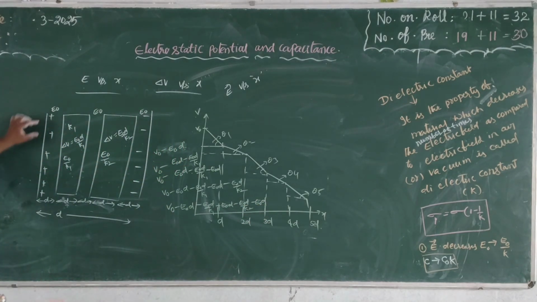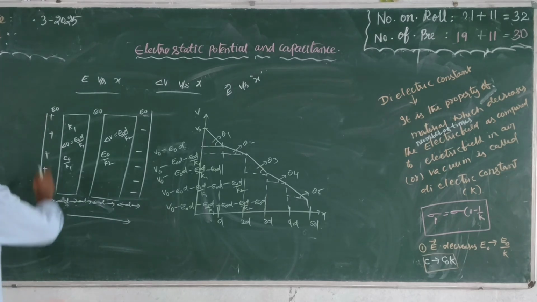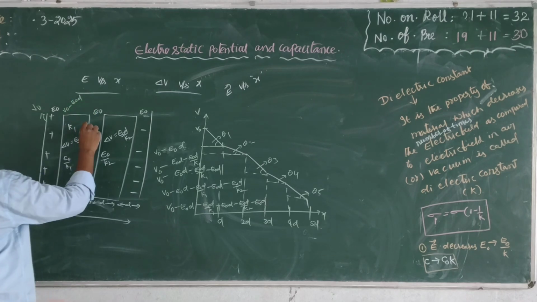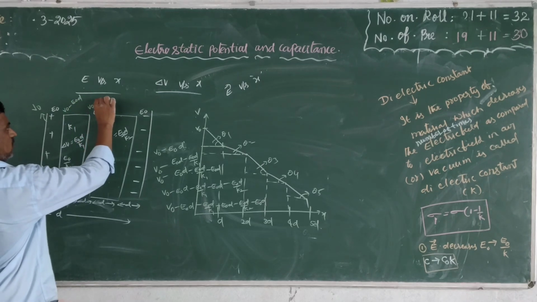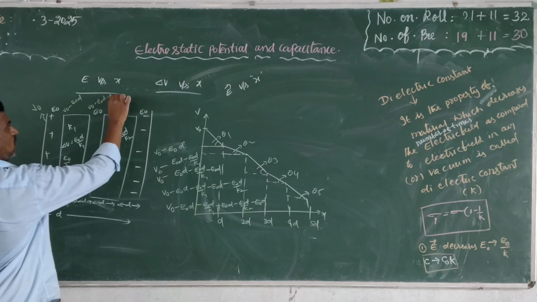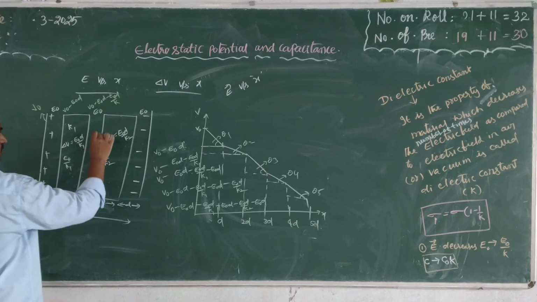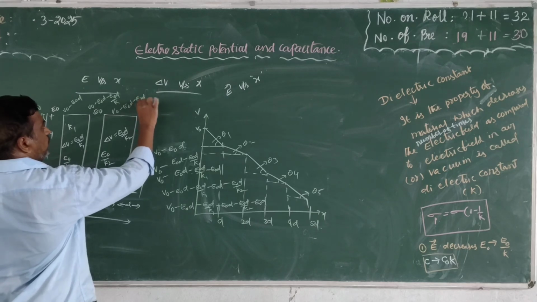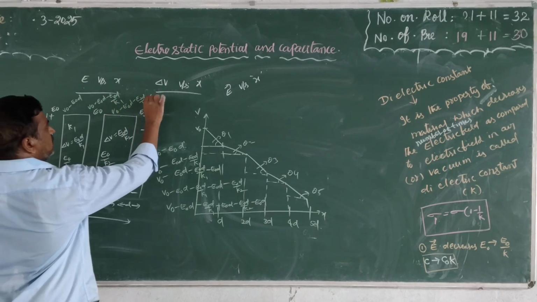See here, the maximum potential is V naught. Then here it is V naught minus E naught d. Here it is V naught minus E naught d minus E naught d by k1. Here it is V naught minus E naught d minus E naught d by k1 minus E naught d.